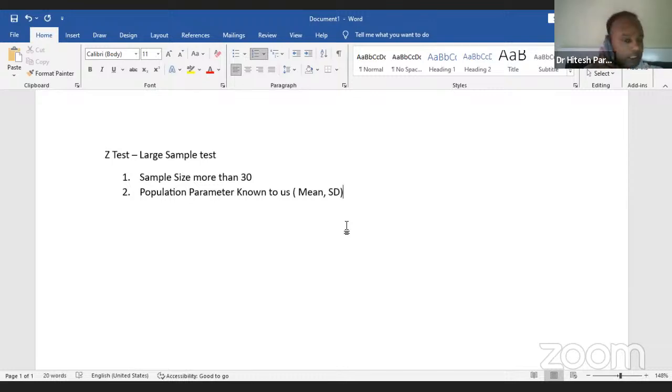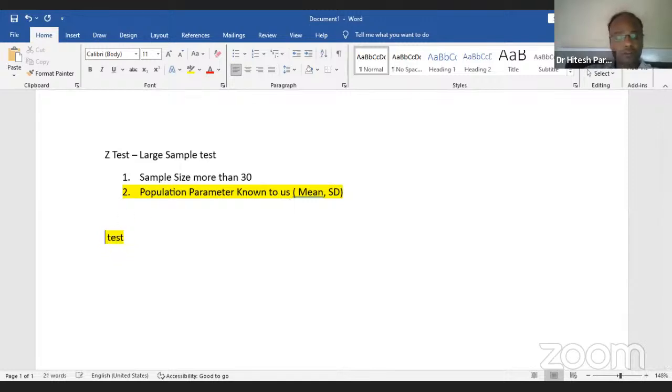Now imagine a situation: majority of the time you will have your sample size greater than 30, but you will not have access to your population parameter. This second condition you will not have. So statisticians suggest that in that condition, you can switch to t-test.